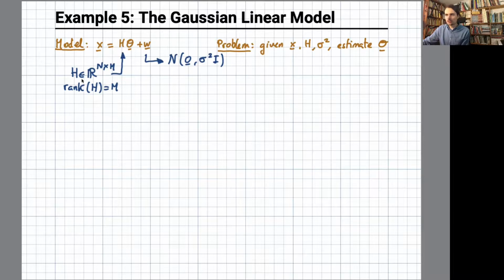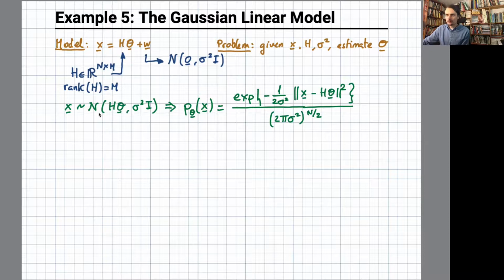So this matrix H is n by m, where m is the number of parameters, and it is assumed full column rank without any loss of generality. Okay, so the problem is, given x, H, and sigma square, to estimate theta.